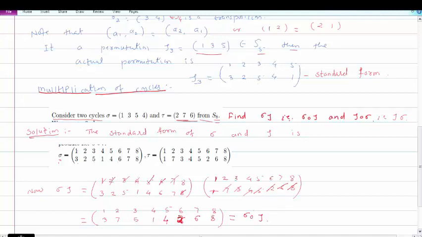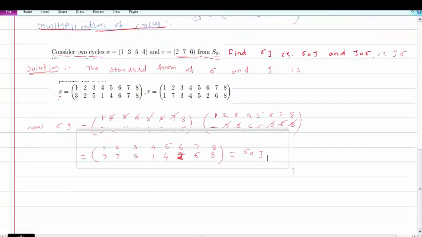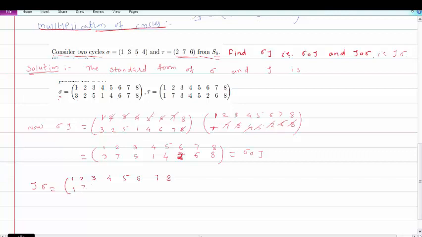In this way you can find sigma circle tau. How can you find tau circle sigma? Tau sigma is equal to, first we have to write tau: 1 7 3 4 5, 2 6 8.